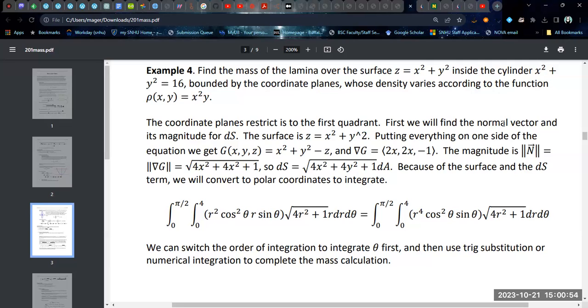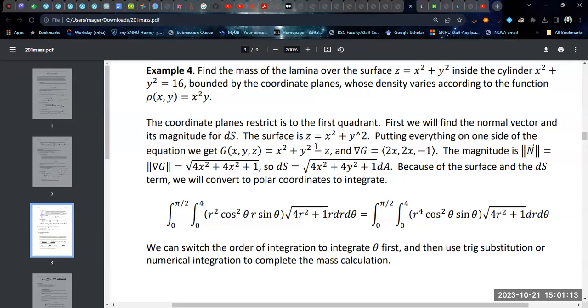So we're going to find the normal vector to the surface and then find its magnitude for our dS function. Since our surface is z equals x squared plus y squared, we're going to put everything on one side of the equation, get our big G function, and then find the gradient.